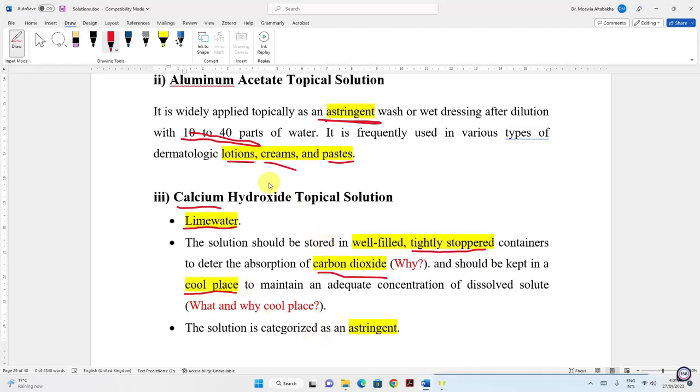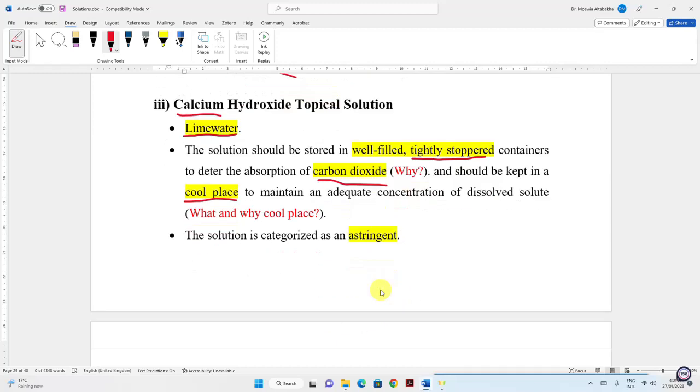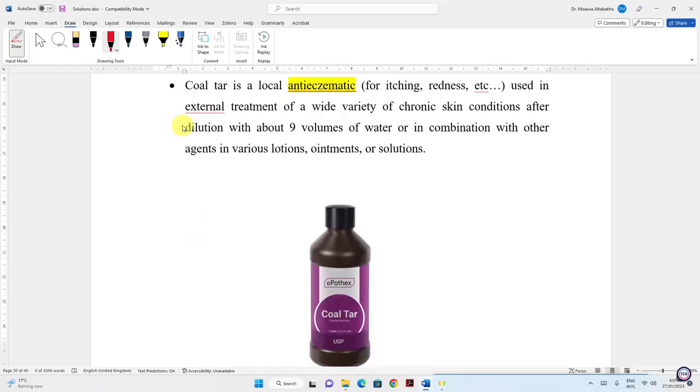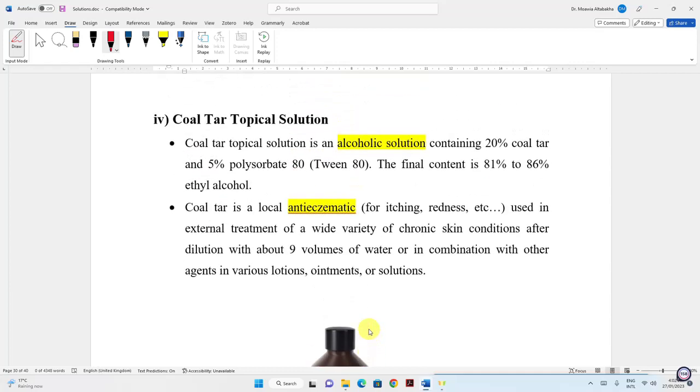How is it used, or for what purpose? It is similar to aluminum acetate topical solution. It's an astringent. The other preparation is referred to as coal tar topical solution, a liquid from coal. This preparation is an alcoholic preparation.